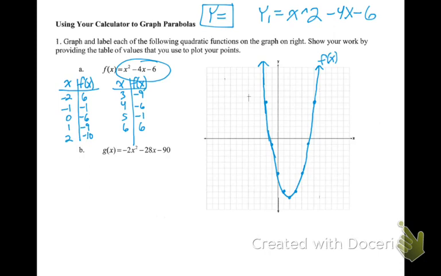Scrolling up and down in the list, I notice that negative 10 gives me negative 10, and negative 11 will give me something that's really small. That's off the graph. So I'm going to start at negative 10, negative 10. I'll write a table of values starting with negative 10. Scrolling through my graph, it looks like it can go up to negative 4.